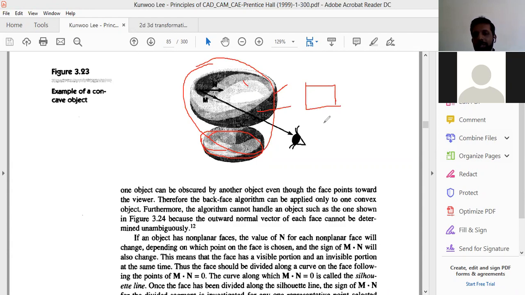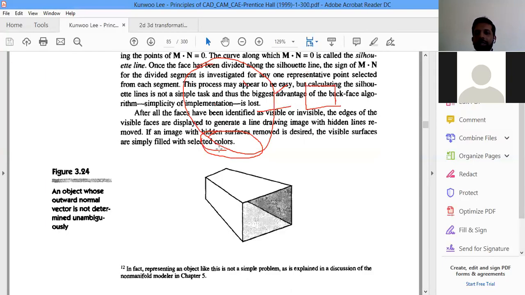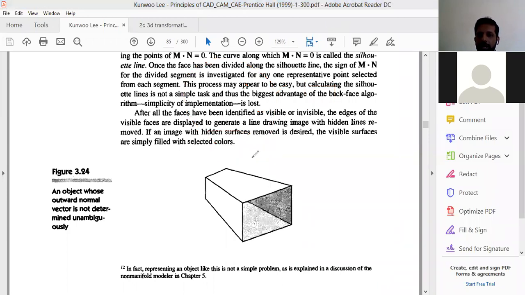The next disadvantage is this: say for example, we take a hollow trapezium like this, and we are going to apply the backface algorithm. Now viewing from this end, this face is going to be visible, and this face is going to be partially visible, and this face is also going to be partially visible.